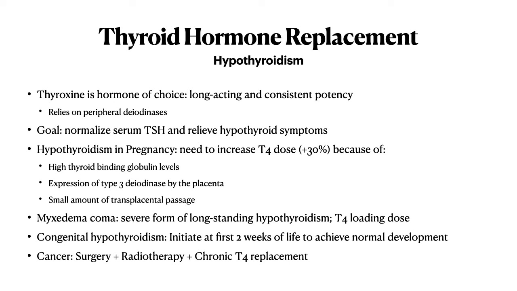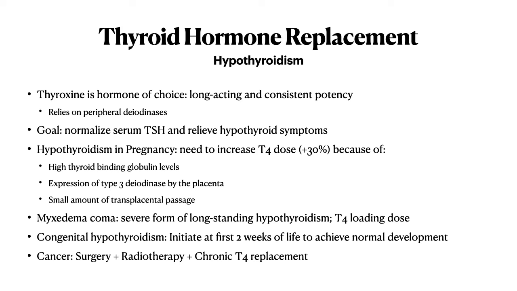So the drug of choice for thyroid hormone replacement is thyroxine because it has more stable blood levels because of its long duration of activity and consistent potency.